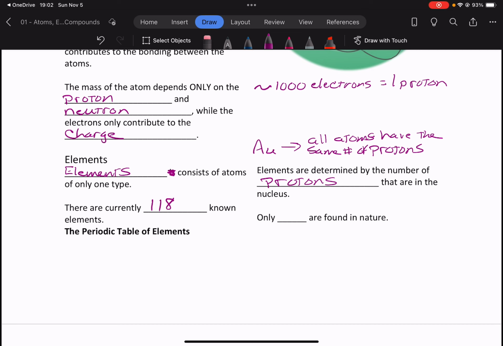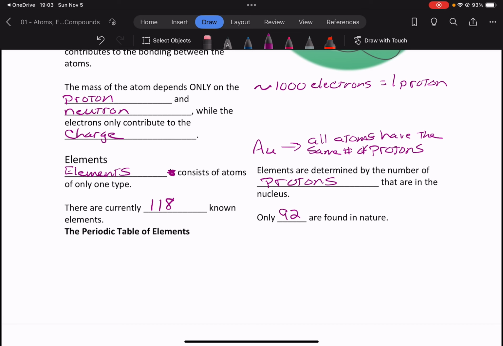They've not made 119 yet, and that's something you can talk about with chemistry later. They're kind of excited about what's potentially coming up in the new elements. But of the 118, only 92 are found in nature.